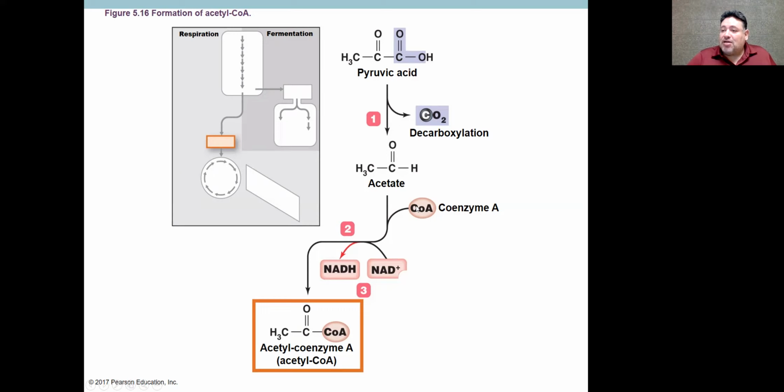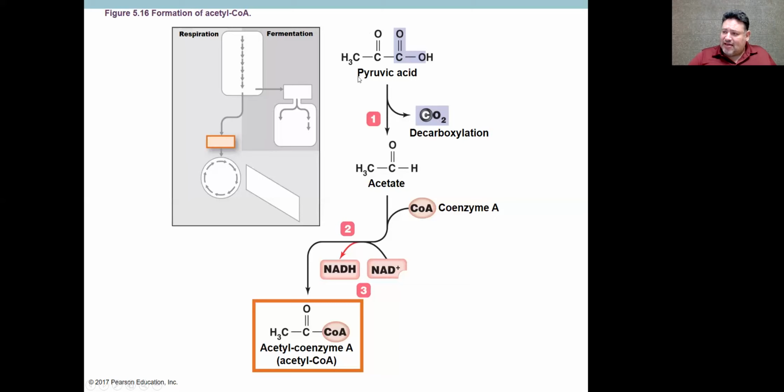Okay. So let's recap where we ended last time, and it had to do again with the synthesis of acetyl-CoA from pyruvic acid. And this is the diagrammatic view. You have pyruvic acid. We end up with a decarboxylation. Like I said last time, that means that there's absolutely no more energy that can be harvested. That's what CO2 means. The tank is empty. There's nothing else that we can get out of it.